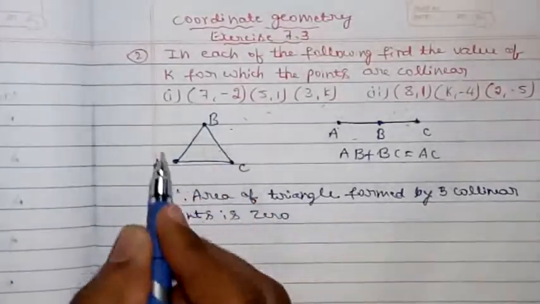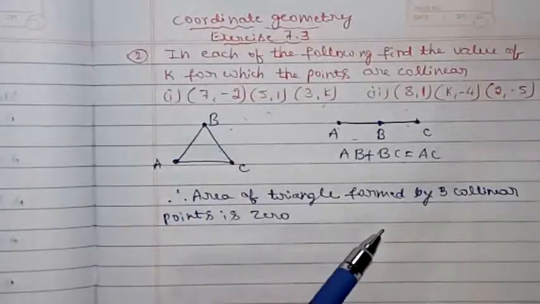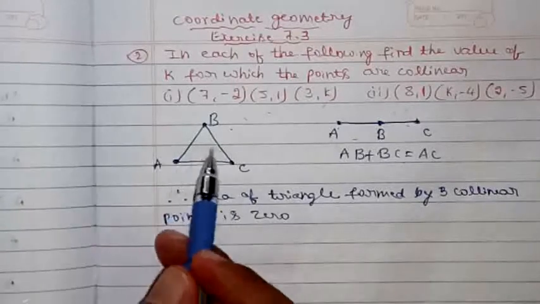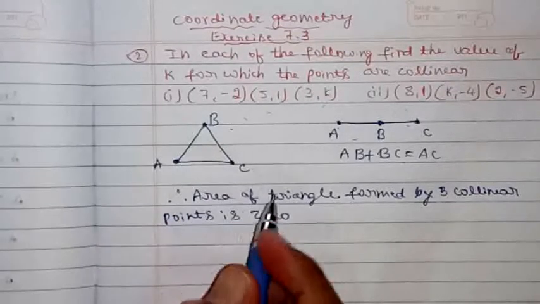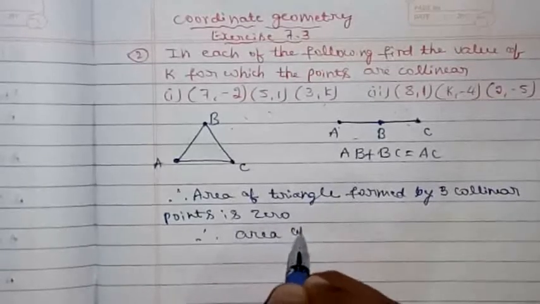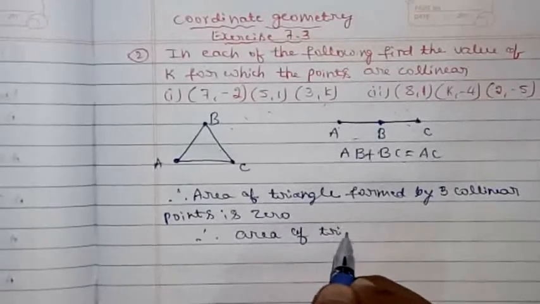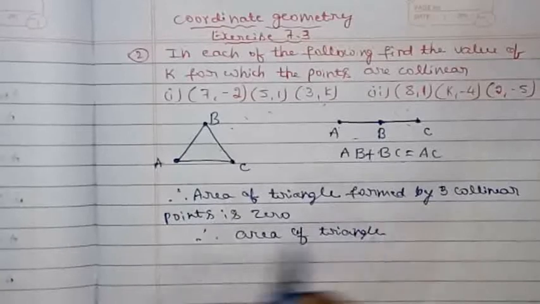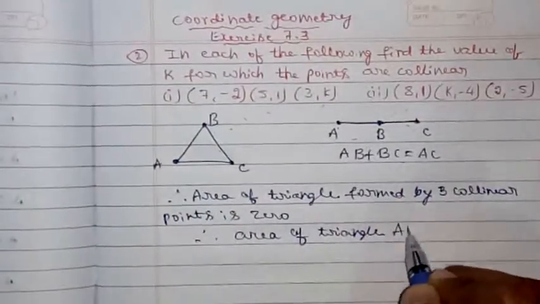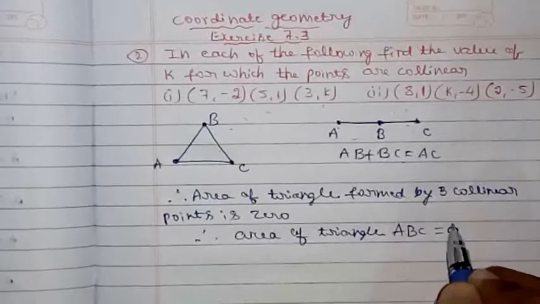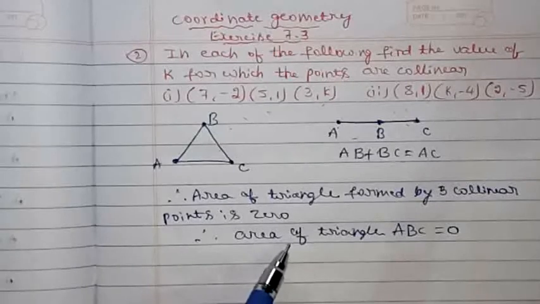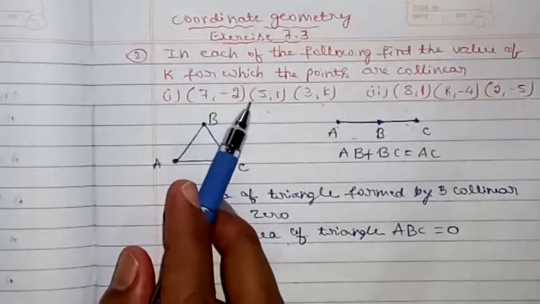So area of a triangle will be 0 if the triangle is formed by 3 collinear points. So I can write: area of triangle ABC is equal to 0, right children? Now by using this condition, find the value of k for the first one.